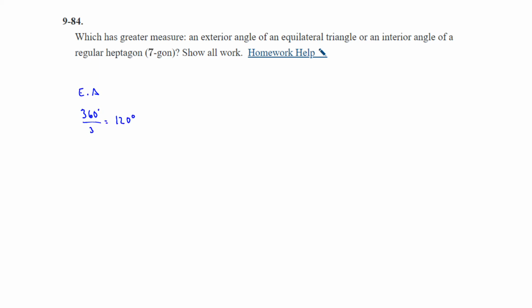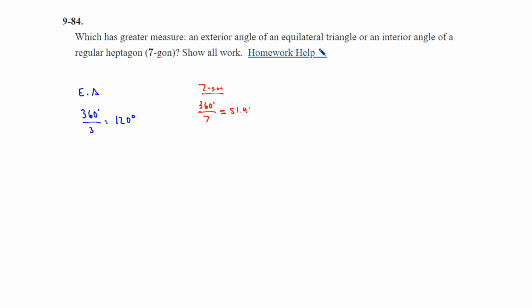So we're comparing that to the interior angle of a regular heptagon. So the regular heptagon here, we could do the same thing. We could find the exterior first and then take 180 minus that. So 360 degrees divided by 7 is approximately 51.4 degrees.